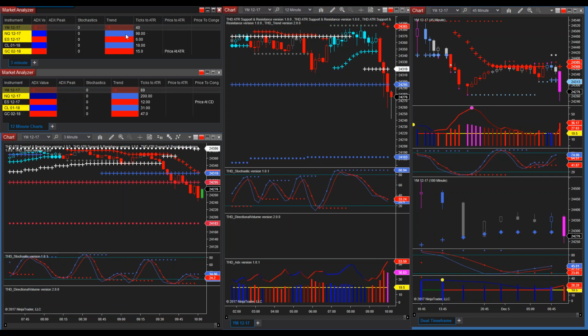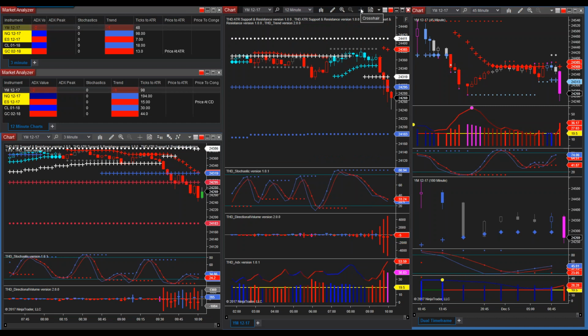Now, all of my entries are at an ATR. The ATR is the plus sign that you see on these charts. The ATR support and resistance indicator plots the ATR from the higher time frames. So for example, on the 12-minute chart, we can see that we have a cyan and just a plain red color.